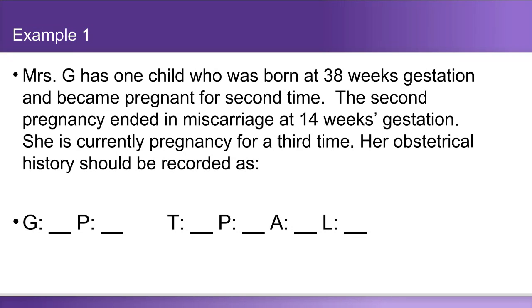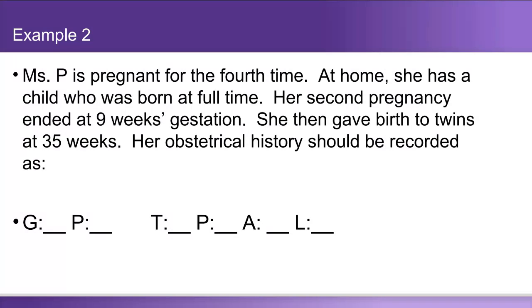We have had 1 abortion. And now we have 1 living child as far as we know, which is that 38-week gestation. And again, she's pregnant for the 3rd time, so we don't know what her TPAL will be until she has this baby, what it will change to. Okay, so just gravida 3, para 1, T1, preterm 0, abortion 1, living 1.